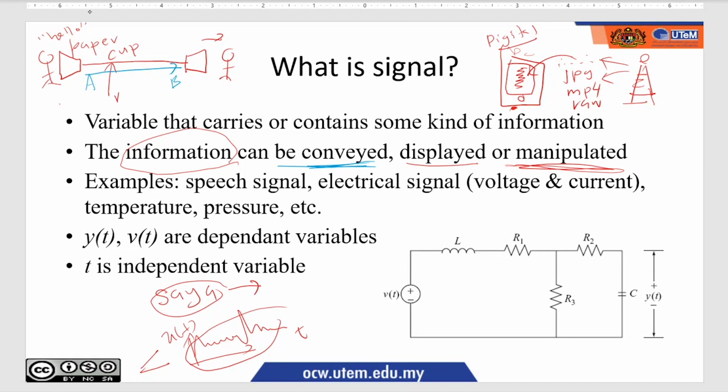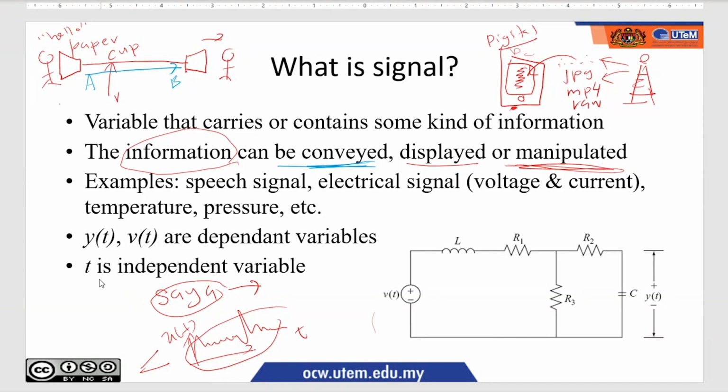For example, a speech signal, the one I mentioned earlier, and electrical signals, voltage and current. I think everyone knows about this because it has been covered well in circuit theory 1 and 2. This one is the output and this one is the source, and this will be independent based on t. So t is independent by itself.